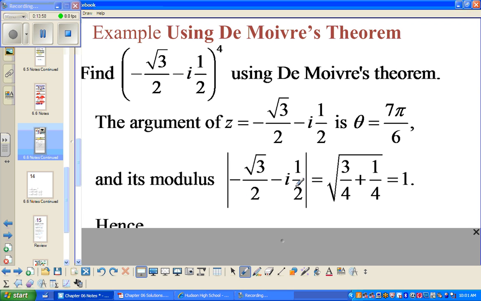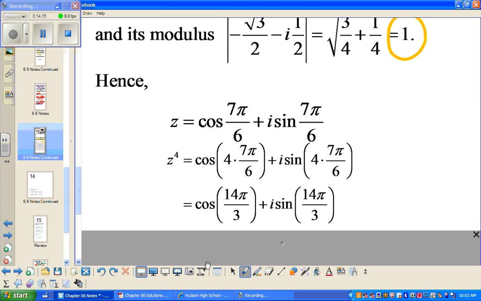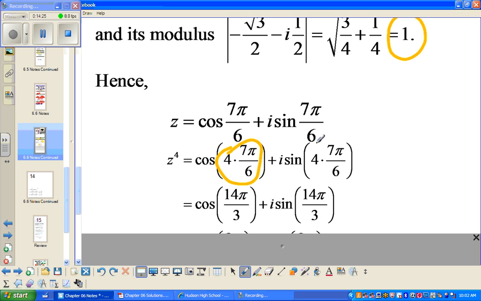Then how do I get its modulus, or that r value? Square root of a squared plus b squared. That gave us 1. So once I know the modulus, or that r value, and I know theta, I simply need to plug them in. I'm going to take that theta times 4, since we're going to the 4th power, in both of these spots.